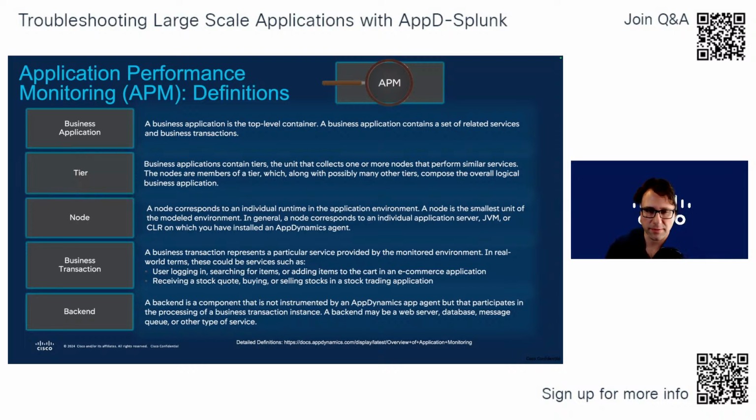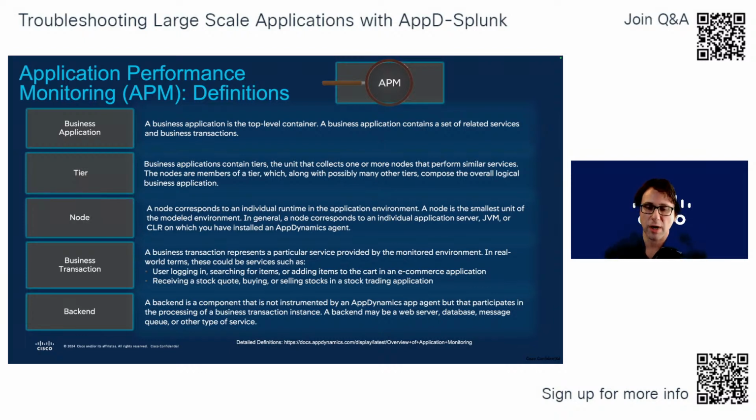All of that is joined together logically in a hierarchy: a business application, multiple tiers within that application, and multiple nodes within each tier. It's all logical groupings of what they're doing and what their purpose is.